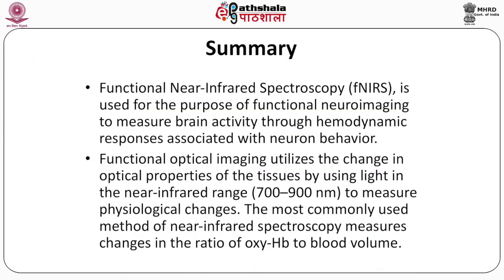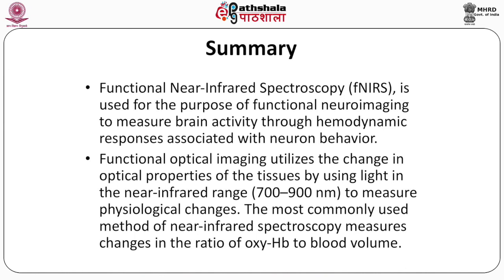Functional near infrared spectroscopy, FNIRS, is used for functional neuroimaging to measure brain activity through hemodynamic responses associated with neuronal behavior. Functional optical imaging utilizes the change in the optical properties of tissues by using light in the near infrared range, that is 700 to 900 nanometer, to measure physiological changes.